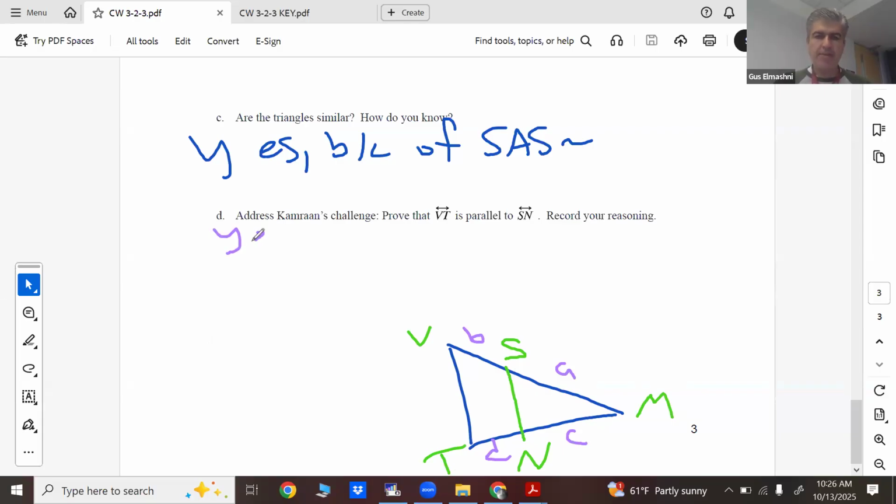The answer is yes. And that's because the corresponding angles of similar triangles are congruent. So for example, angle TVM will be congruent to angle NSM.